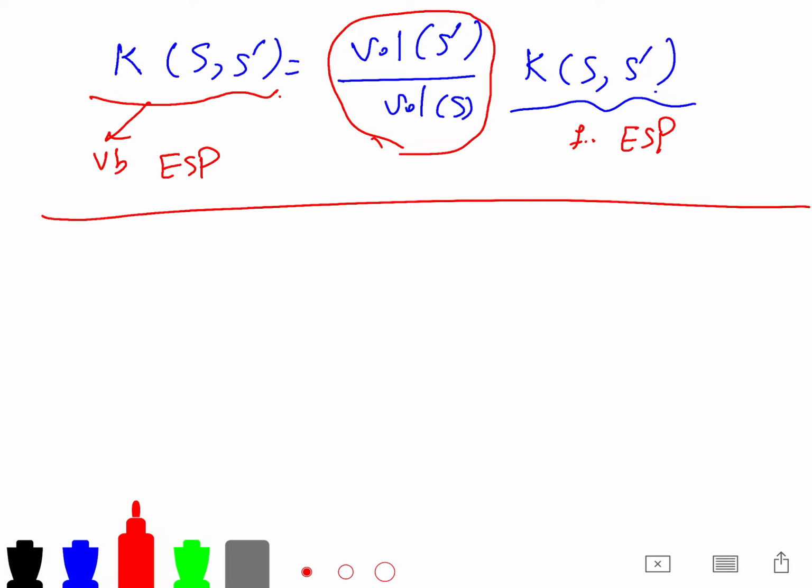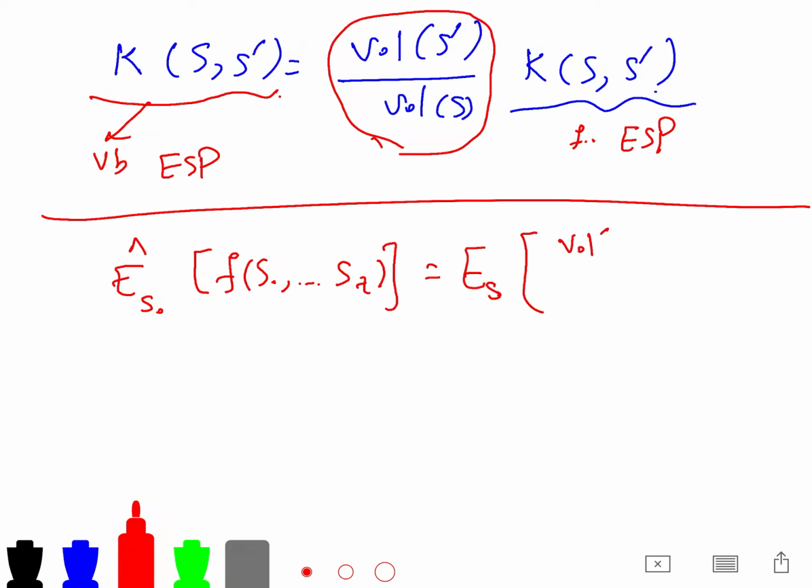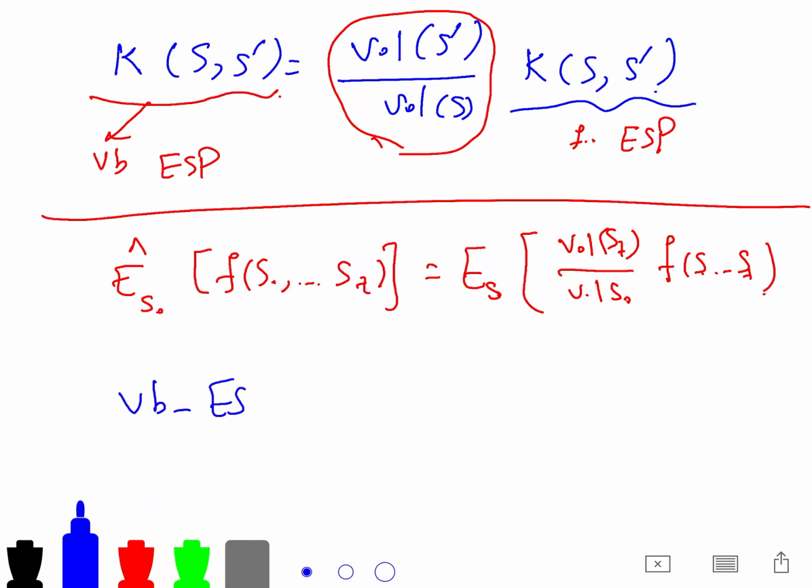And they prove the proposition that for any function and any starting set, the expected value of f of S_0 through S_t is the expectation of the volume of S_t over the volume of S_0 times f of S_0 through S_t. So you can see that volume biased ESP is a Doob h-transform of the ESP.